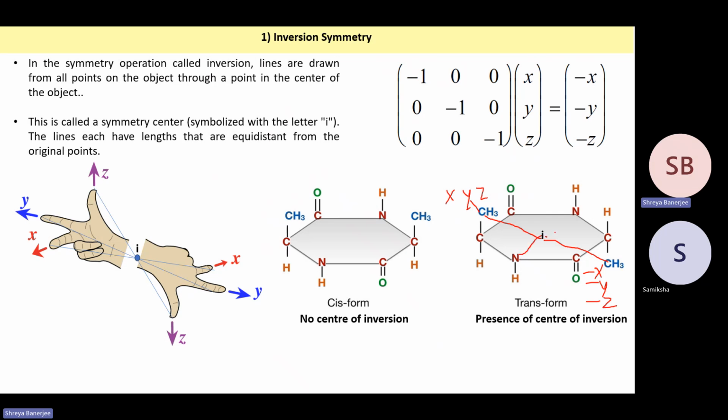From N, you can reach another N. From CO, you can reach another CO. So any atom you take, if you take the negative of all the three coordinates, you will find the same atom on the opposite side. So the center of inversion can be represented by this matrix where the diagonal elements are all -1.